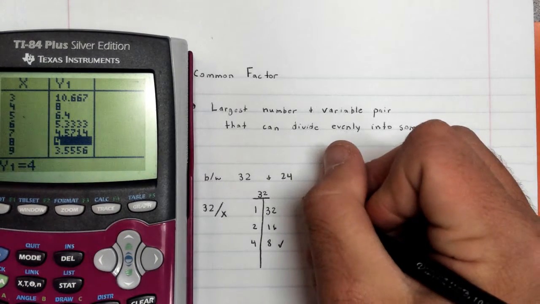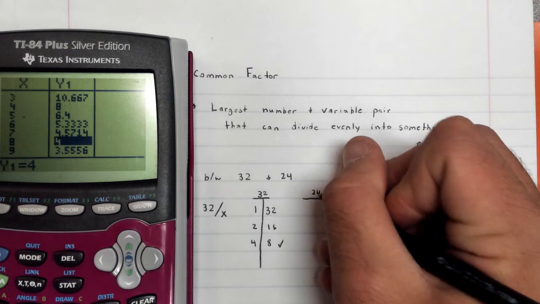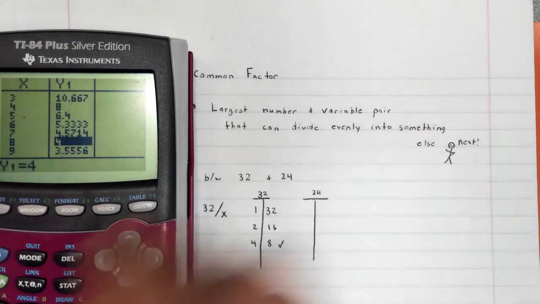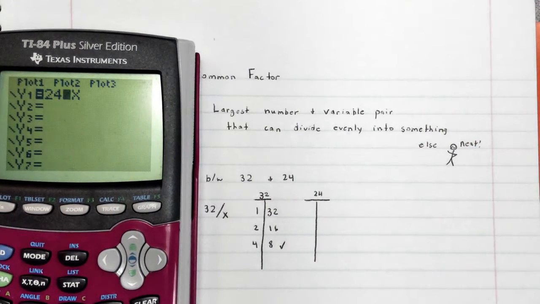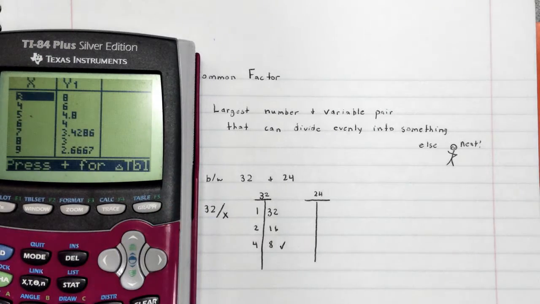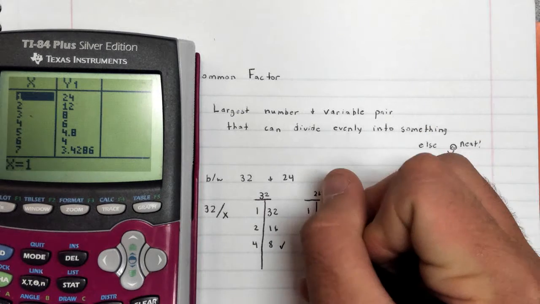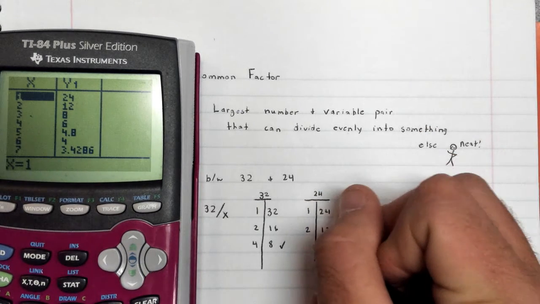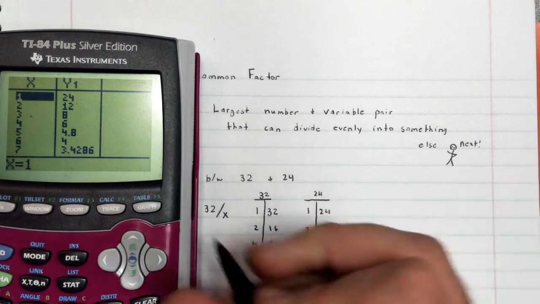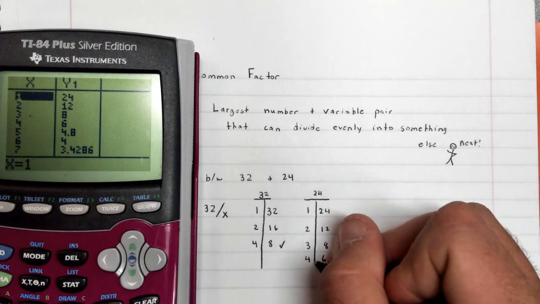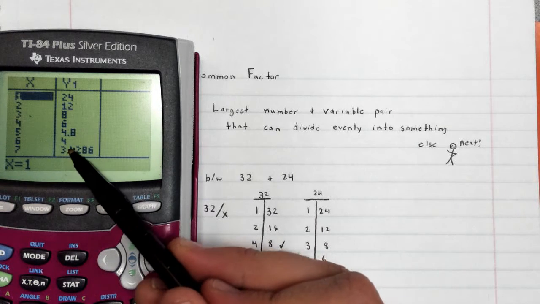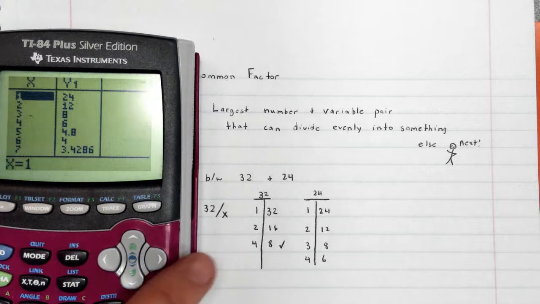Let me do the same thing with 24. So y equals 24 divided by x. Go to my table. Looks like my factors are 1 and 24, 2 and 12, 3 and 8, 4 and 6, skip the next decimal, and 6 and 4 repeat, so I'm done.